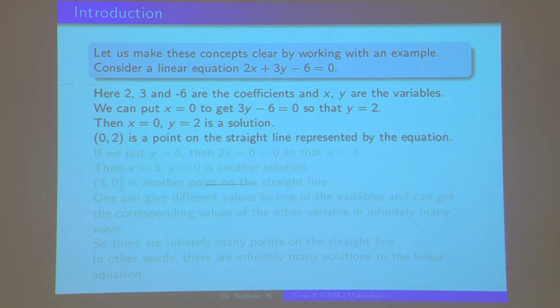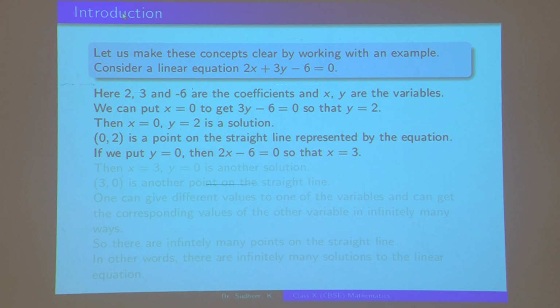We can put x equal to 0 in the equation to get 3y minus 6 equal to 0, and solving that we get y equal to 2. Then x equal to 0, y equal to 2 is a solution of that equation. We say (0, 2) is a point on the straight line represented by the equation.